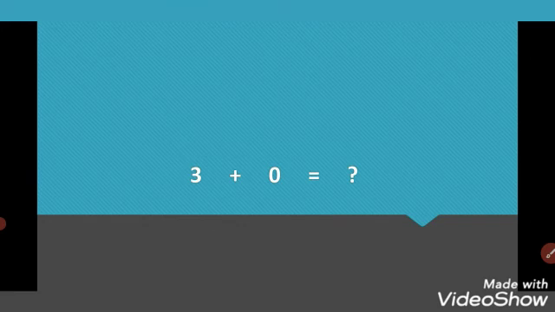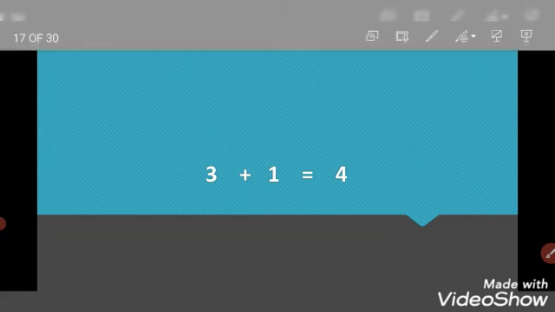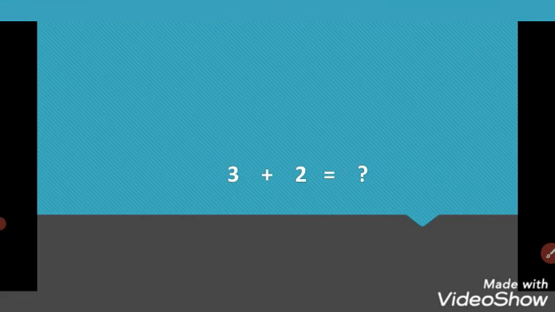You have to read with me and you have to do practice with me. 3 plus 0 is equal to number 3. 3 plus 1 is equal to number 4. 3 plus 2 is equal to number 5. 3 plus 3 is equal to number 6.